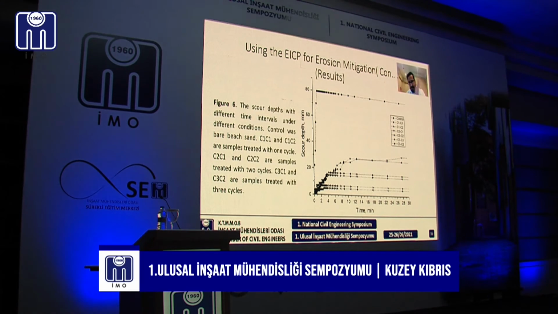All the sample was eroded out. With increasing 1 cycle, 2 cycles, 3 cycles, we increase the scar resistance as well. So even for scar mitigation, it will be a very good method.